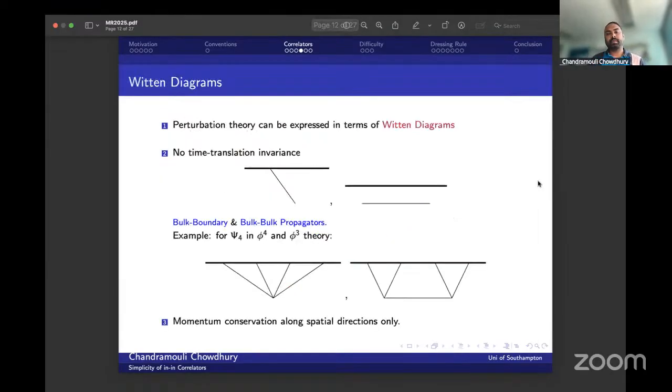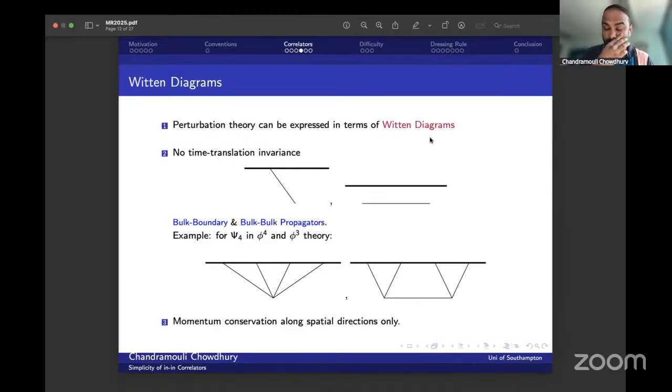Sorry, yeah. Now, like we use Feynman diagrams to compute scattering amplitudes, you can also use diagrammatic rules to compute these wave function coefficients. And it's named after the person who I think first started using them. These are called Witten diagrams. And what changes from a conventional Feynman diagram now is that you have to take care of the fact that you're evaluating these wave functions on a given time slice.